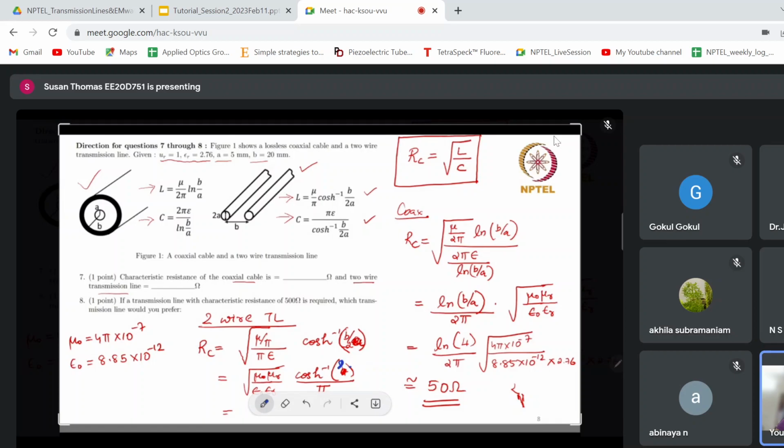So b by 2a becomes 2. So can we have an answer for this?